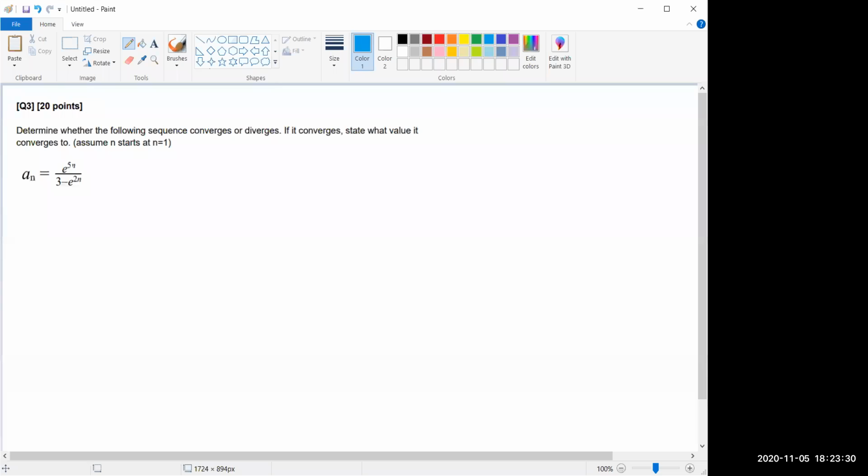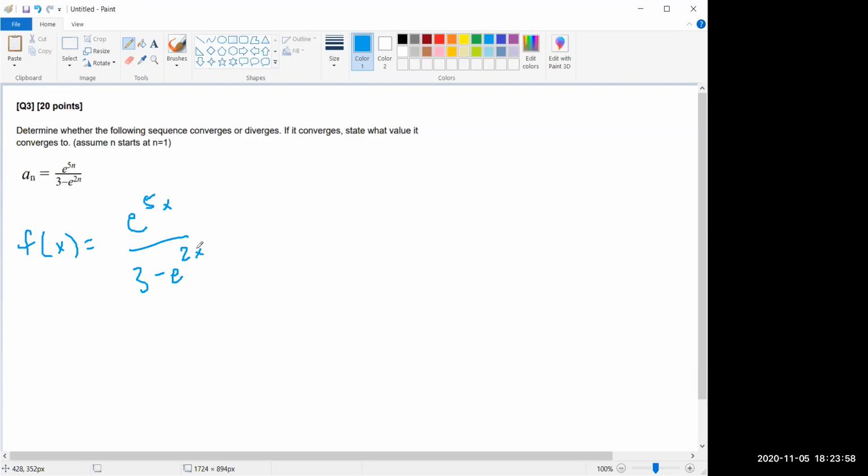There was actually only one way that we learned how to deal with sequences. You just treat it like a function. So instead of thinking that this is a sequence, you can just pretend it's like this. So if you have f of x equals e to the 5x over 3 minus e to the 2x.